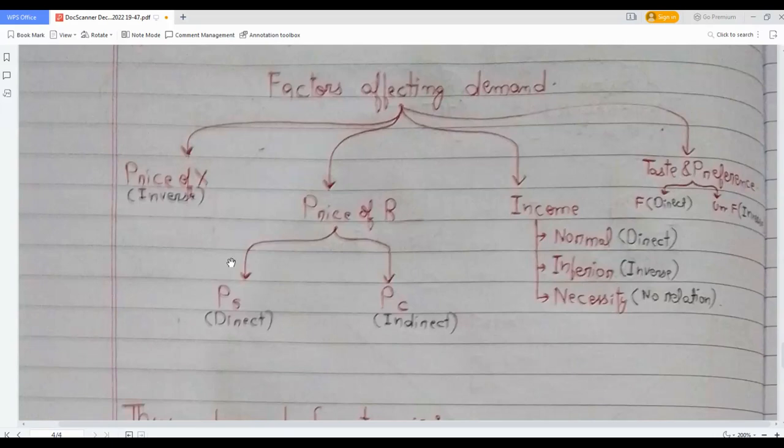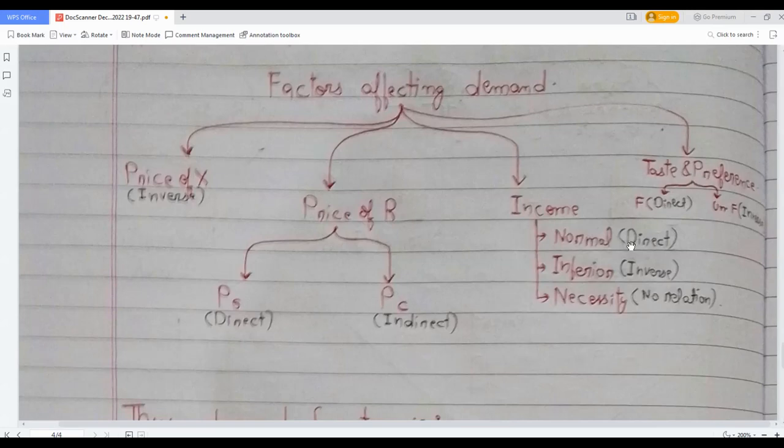Price of a commodity has an inverse relationship with the demand for that commodity. Price of related goods is further divided into two categories: price of substitute goods and price of complementary goods. Price of substitute goods shows a direct relationship, while complementary goods show an inverse relationship between the price of the commodity and demand for its complementary goods.